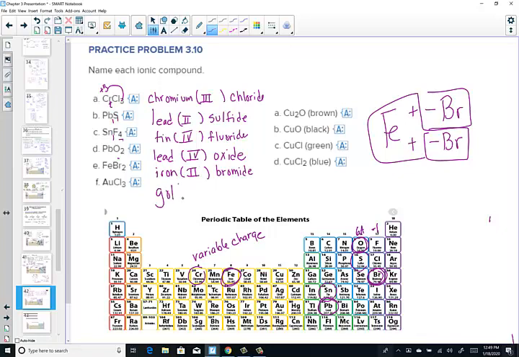Here's gold. Gold is Au. It requires a Roman numeral in its name. It has a variable charge. Let me leave that parenthesis open for a moment to include that in its name. Last name is chloride. Let's play detective and determine the total negative charge, and therefore working backwards we can find the charge on gold, Au. Chloride carries a -1. It's in group 7A. It gains one more electron to share the configuration with argon.